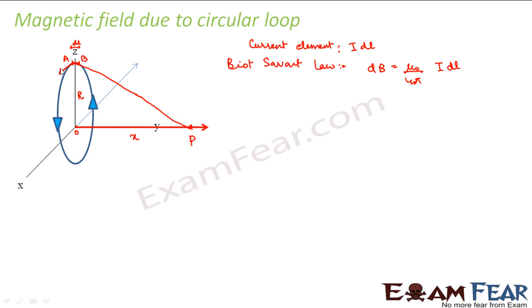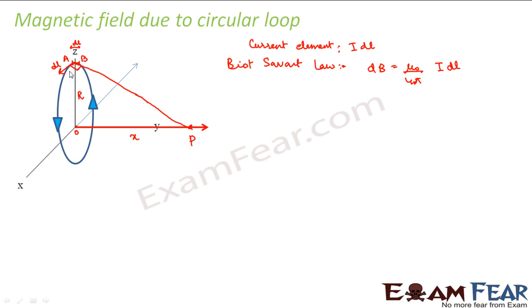Now if you look at it, the dl, that is the length element, would be somewhat like this because current is flowing in this direction. So this is dl. Therefore the angle which it makes with this position vector is nothing but 90 degree, right? The best way to understand this is, take a bangle in your hand and imagine that the bangle is this circular loop carrying some current.